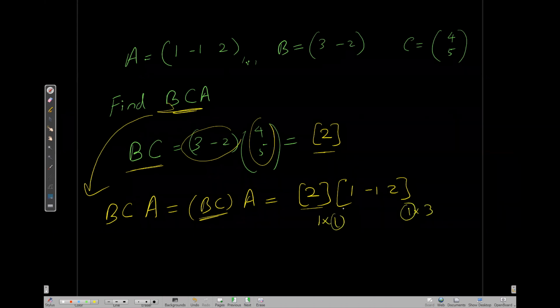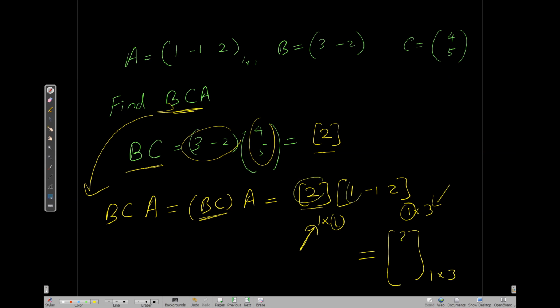See, sizes work. So the resultant must be 1 by 3. The first row: this one by this, so 2, this one by this, so negative 2, this one by this, 4. That is the answer: 2, negative 2, 4.